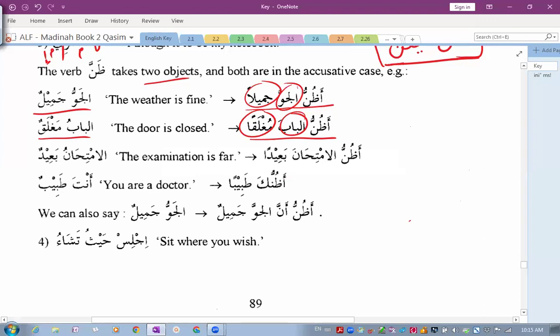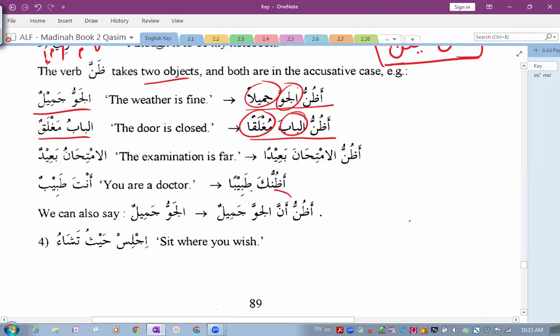Anta tabibun, you are a doctor. Azunnuka tabiban, I think of you as a doctor, or I think you are a doctor. We can also say al jawu jamilun, azunnu annal jawwa jamilun. I think that the weather is beautiful.